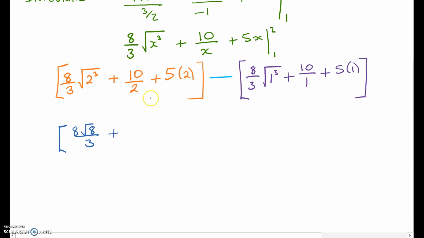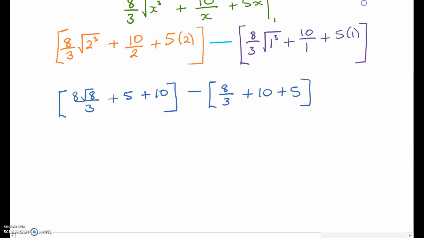Plus 10 over 2 is 5, and 5 times 2 is 10, minus 8 over 3, root 1 cubed is just going to be 1, so that's minus 8 over 3 plus 10 plus 5. So it looks like we're going to have 8 root 8 over 3 plus 5 plus 10, and then minus all of this, 8 over 3 plus 10 plus 5.